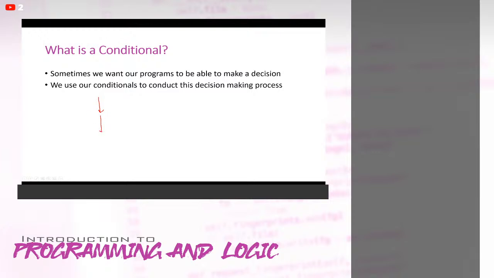Our interpreter reads everything from the top to the bottom and just goes through everything. But now we're moving past that, and we're giving it a conditional structure. When we have a conditional structure, we have a tree-like pattern, a decision tree. Certain conditions will be met, and certain conditions will not be met. So there'll be parts of our code that will be run, and other parts of our code that won't be run.